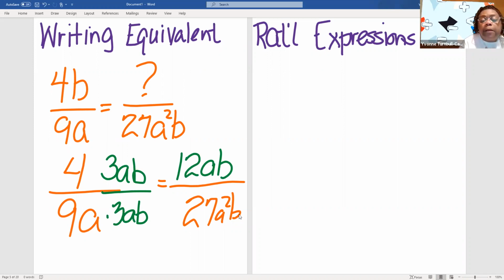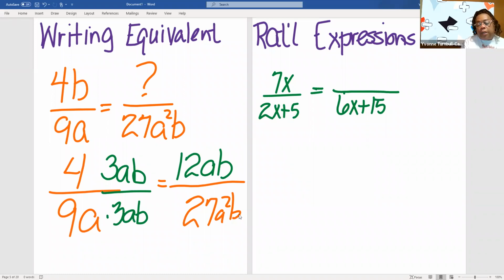Okay, here we go. We have 7x over 2x plus 5 equals something over 6x plus 15.